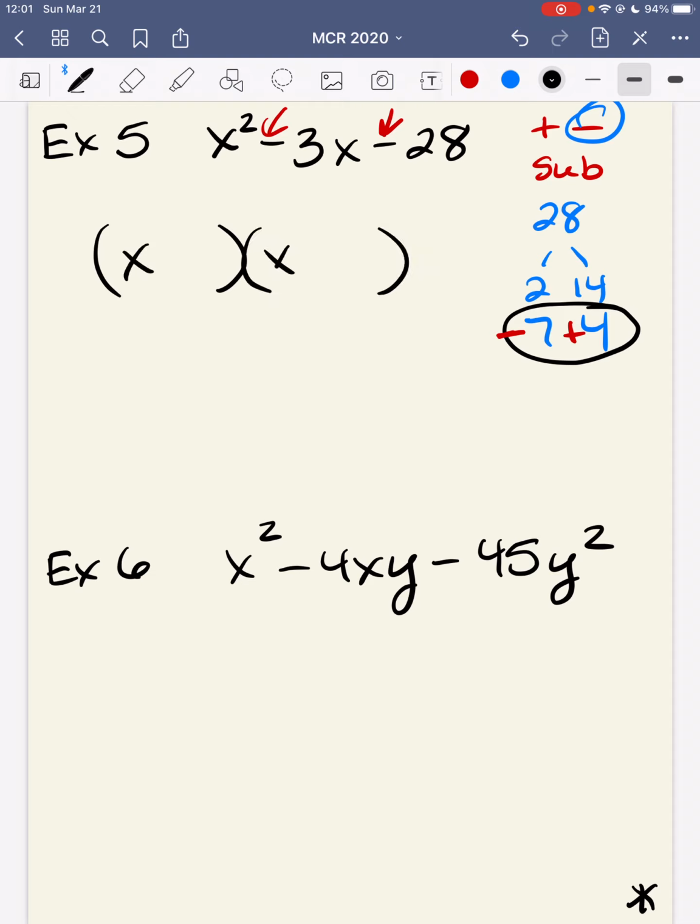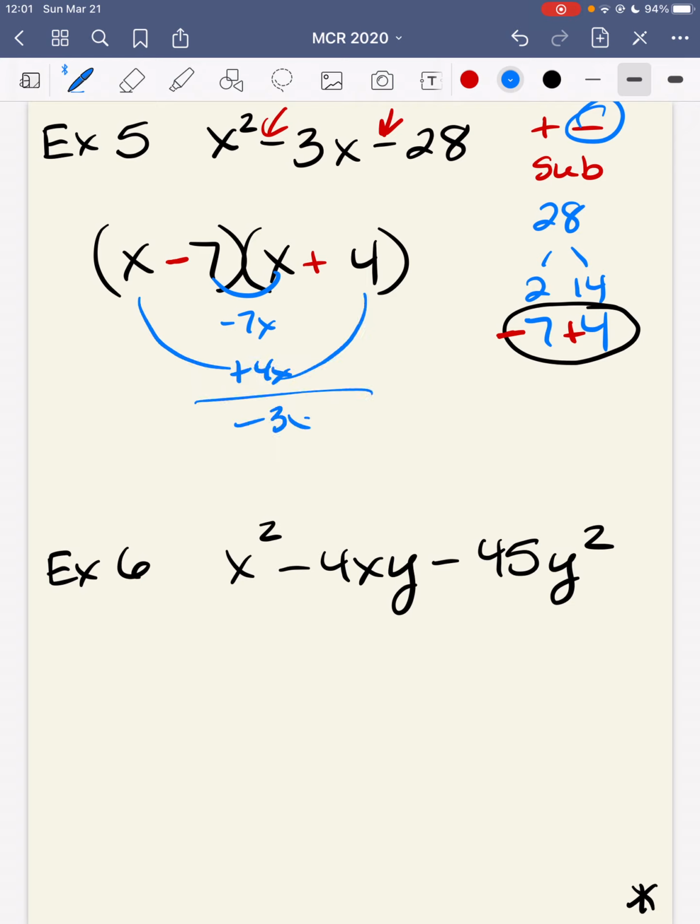My variable's x. Then we have a 7 and a 4. 7 must get the negative. 4 must get the positive. Do a quick check. I have minus 7x plus 4x. That gives me a minus 3x.